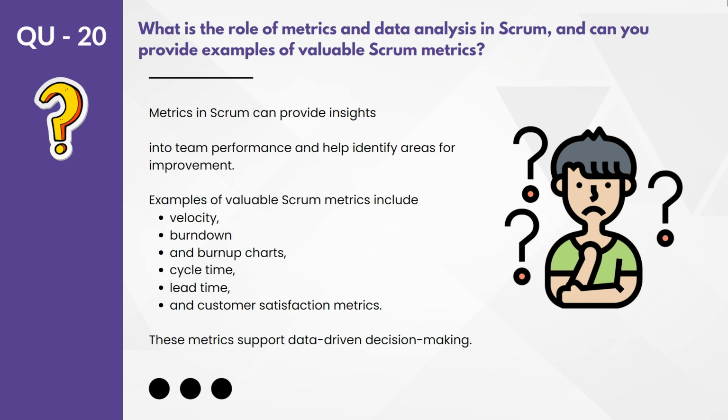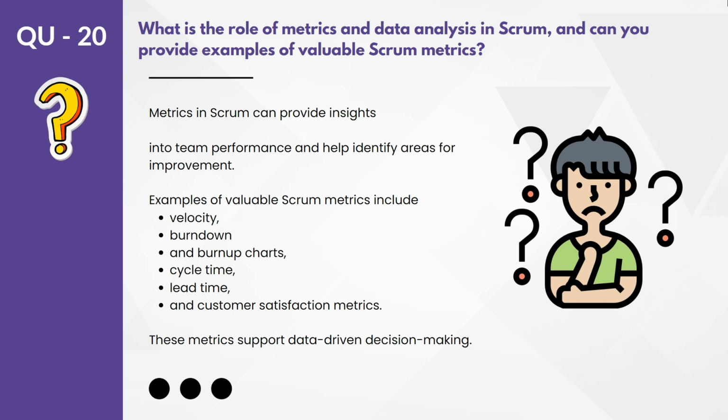Question number 20: what is the role of metrics and data analysis in Scrum, and can you provide examples of valuable Scrum metrics? So metrics in Scrum can provide insight. Not only in Scrum, anywhere if you have the metrics, it gives some insight about something.